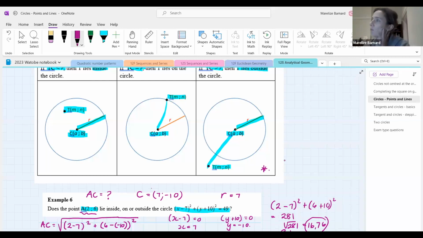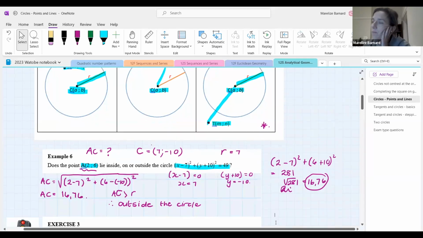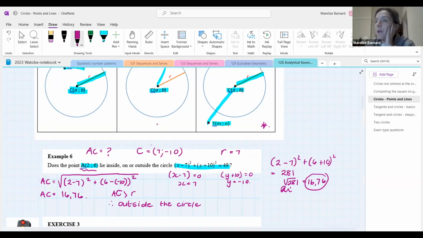Okay, Kamogelo, yes. You can unmute and ask your question. Hi, ma'am. My question is, in an examination, do you advise us to write our answer for the distance as root 281 or as the decimal? It's probably best to write it.